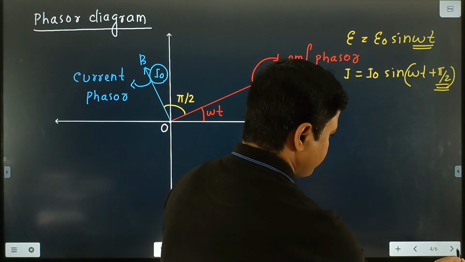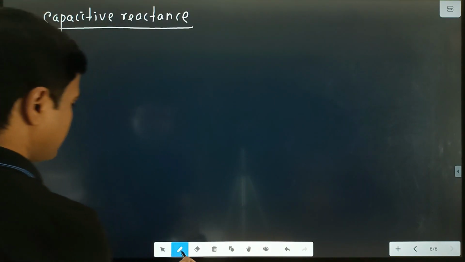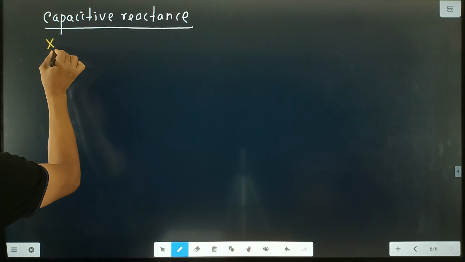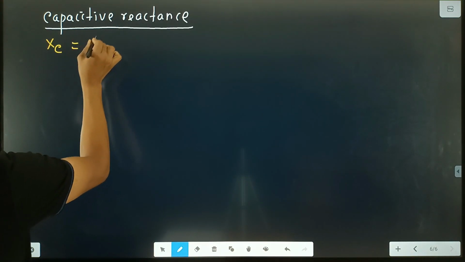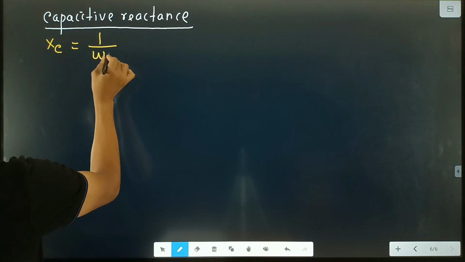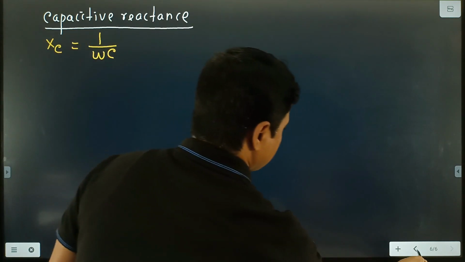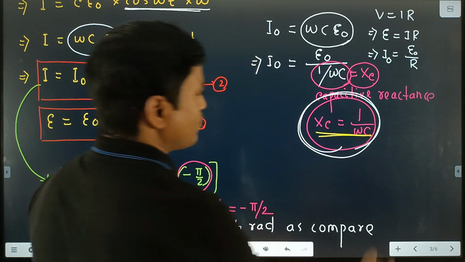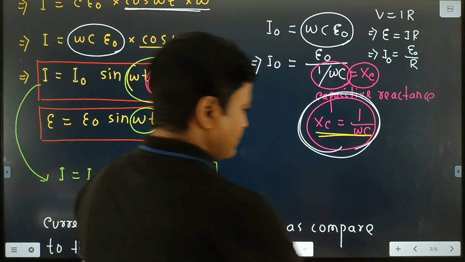So we write capacitive reactance, that is XC is equal to 1 divided by omega C.